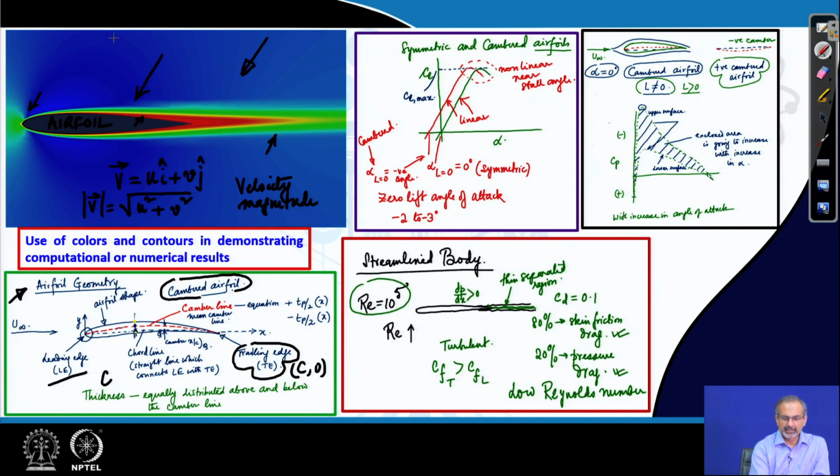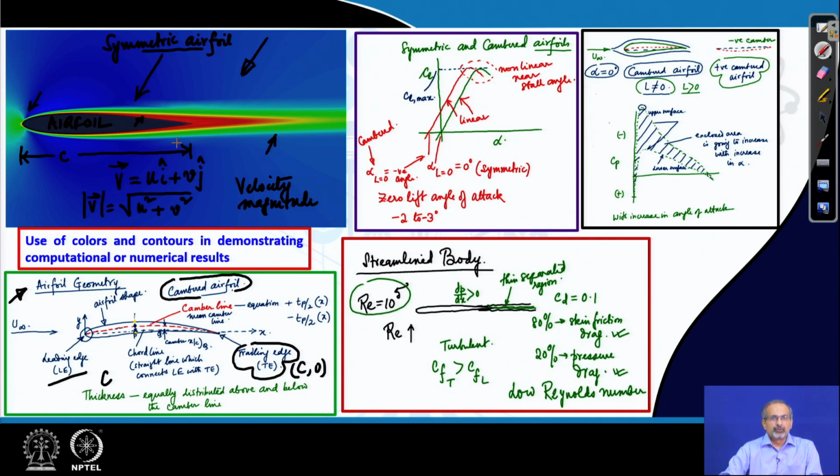So, in all probability this is a symmetric airfoil, and it does not seem to be a very thin one, because if you consider this to be the chord length, then the maximum thickness of the airfoil seems to be of the order of about 12–15%, though we are not actually measuring it and trying to find out, but still this could be a reasonable guess. So, it is a symmetric airfoil.